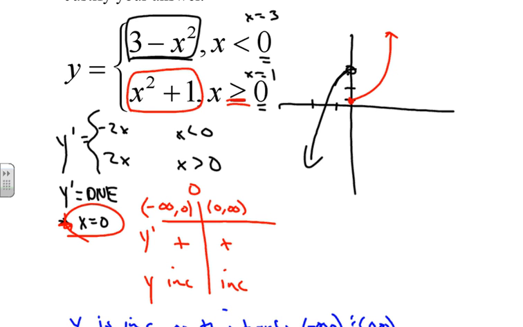But we can also see that, in fact, this graph increases at 0 and then continues to increase as you go to infinity on the other side of 0. So once again, our analysis using the derivative and our sign chart identified what is happening to this graph.